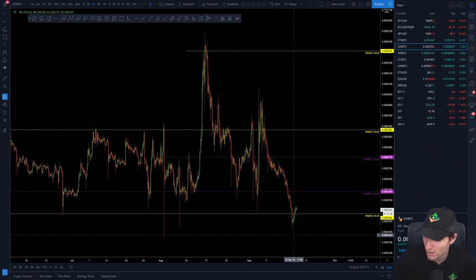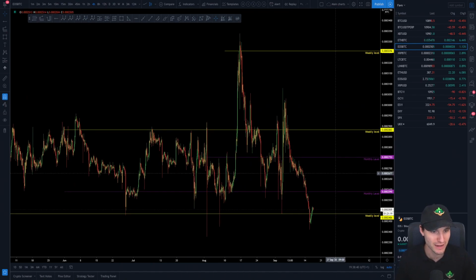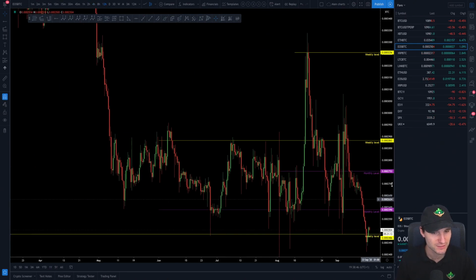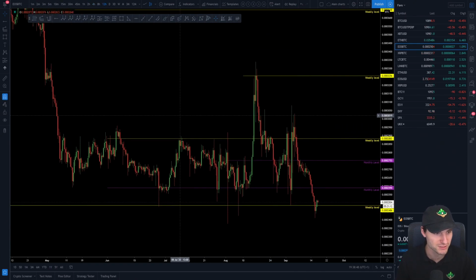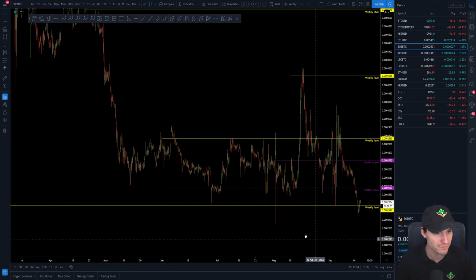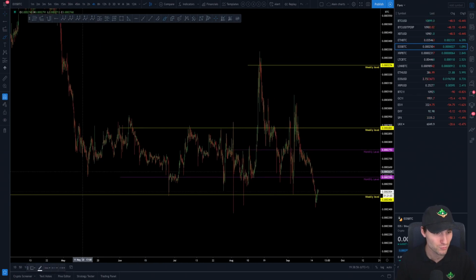So those are our higher time frame levels marked out. And I know that the vast majority of people here have been here quite a few months, so you'll know what's been going on with EOS and how I've been looking at this. It's very much in a very nice sideways range from when it originally found support off the original weekly. It's one of the longest ranging altcoins, period.